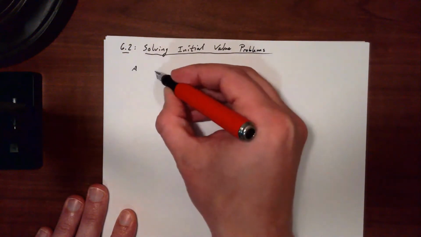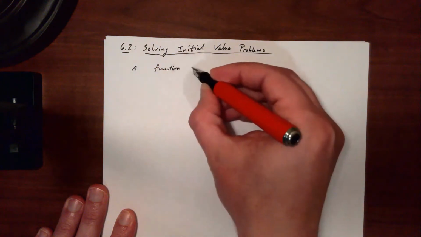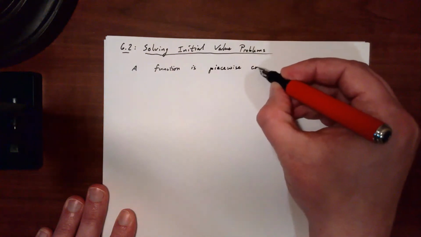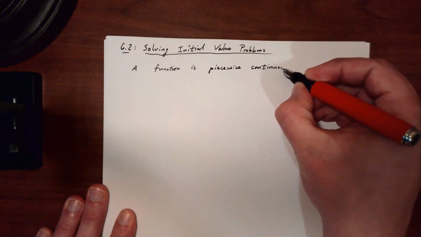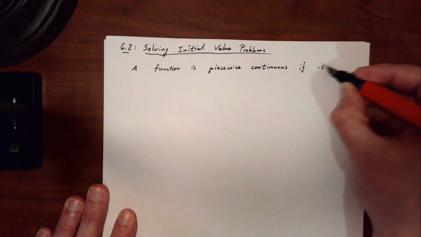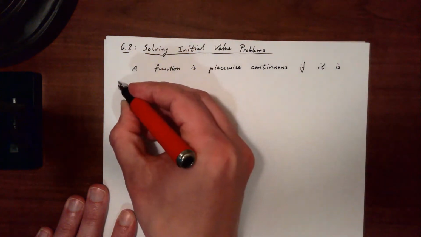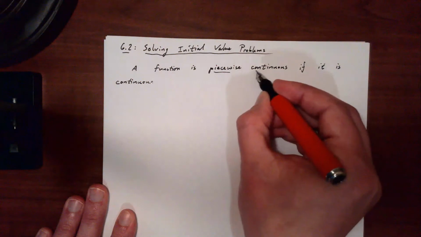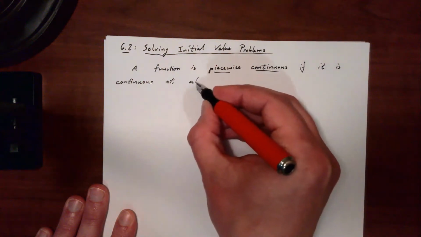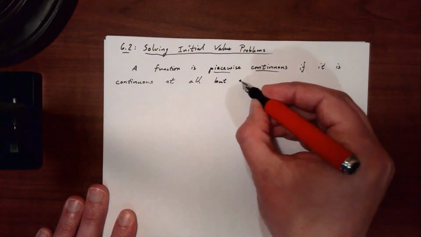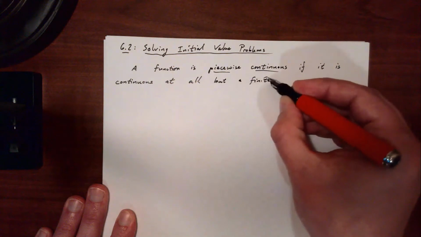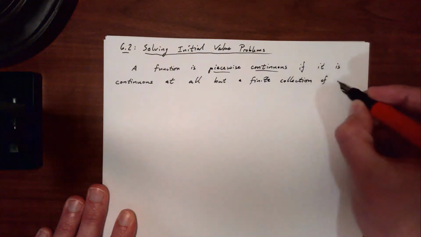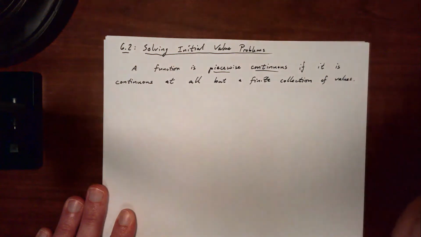So a function is piecewise continuous if it is continuous at all but a finite collection of values. Okay, there we go.